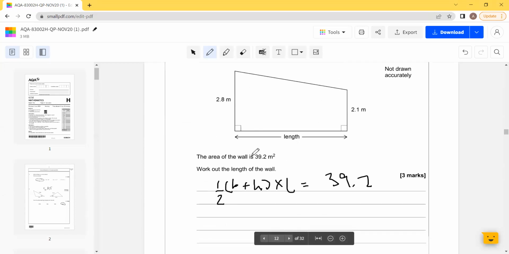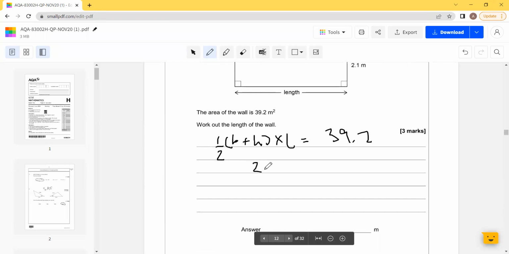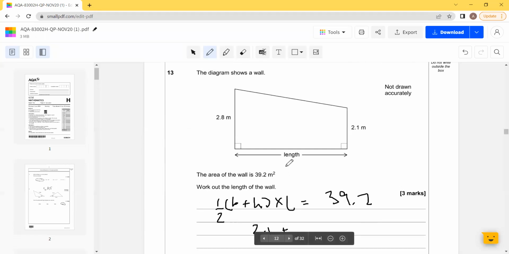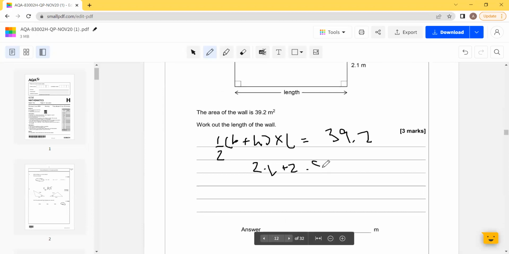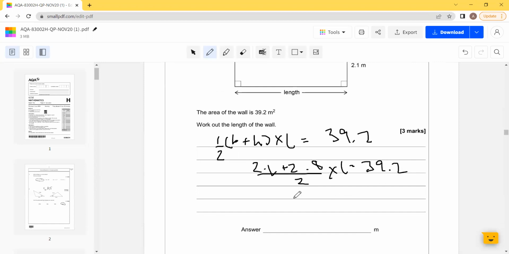So if you do this, we have (2.1 plus 2.8) over 2 multiplied by L is 39.2. Okay, so now if you just simplify this, we have 2.1 plus 2.8 and divide by 2.